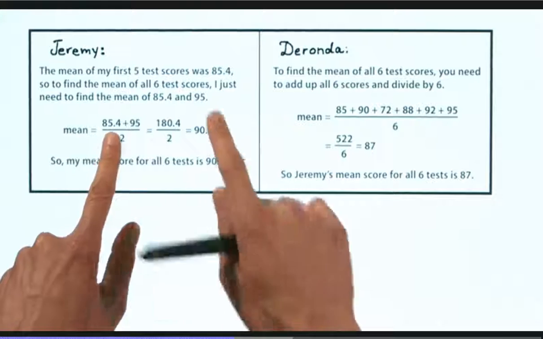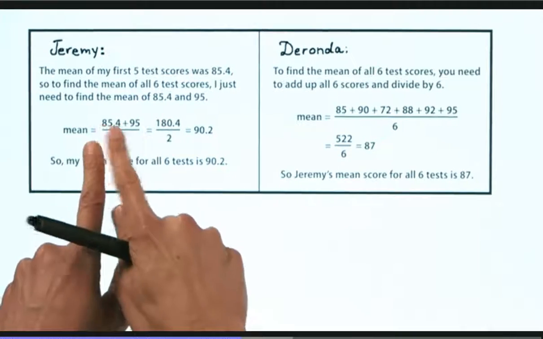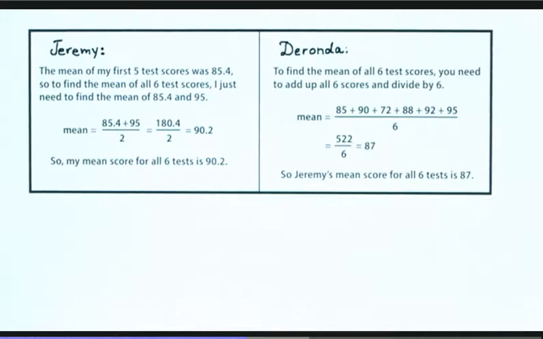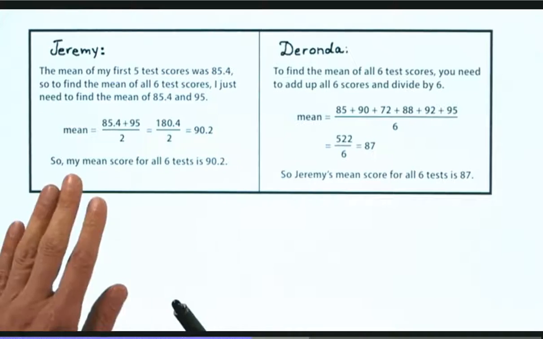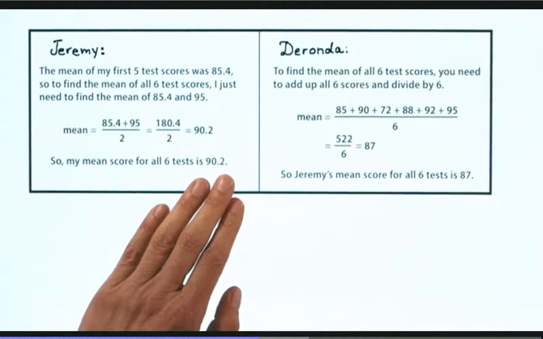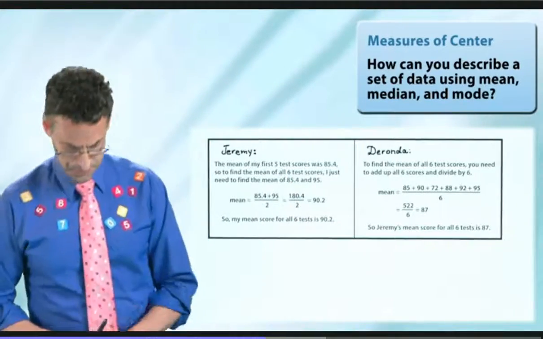So you add up those two numbers and divide by 2. You add up those numbers, you get 180 and 4/10, divide by 2, and we see 90 and 2/10. So my mean score for all 6 tests is 90 and 2/10. Sounds good? But let's see what Deronda says.